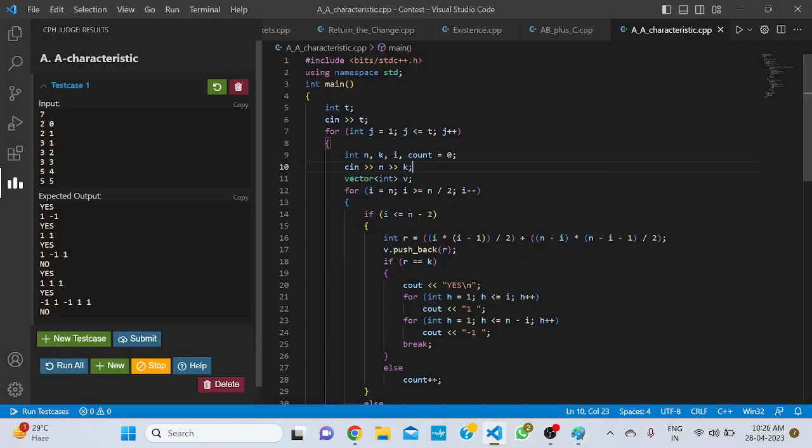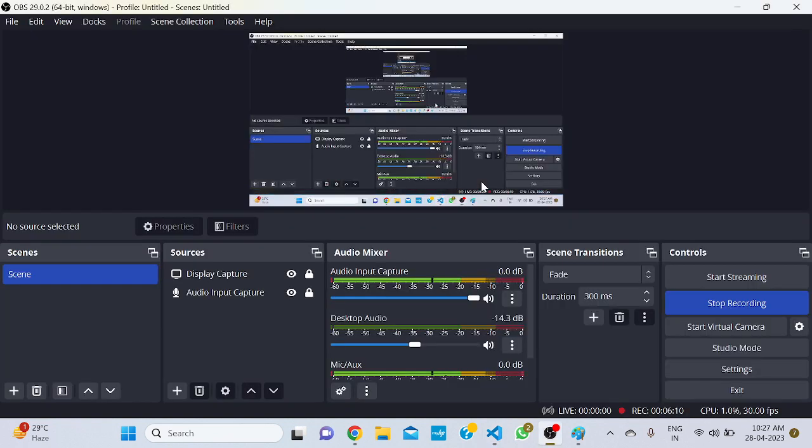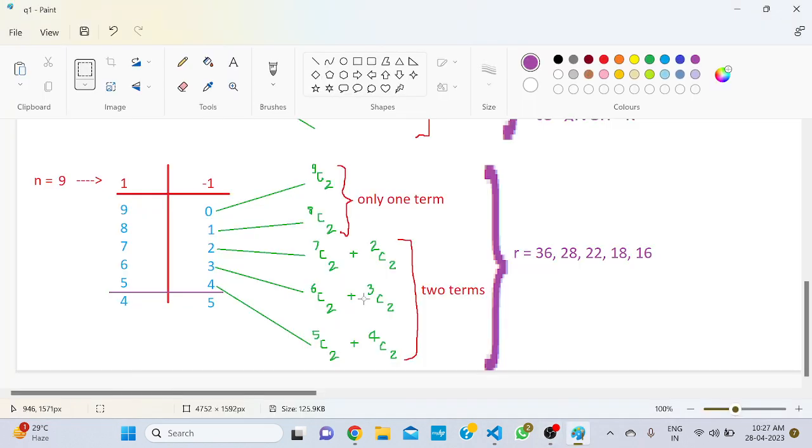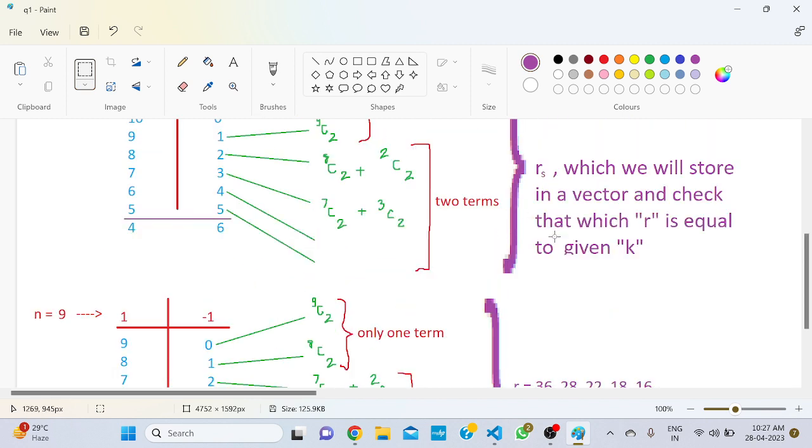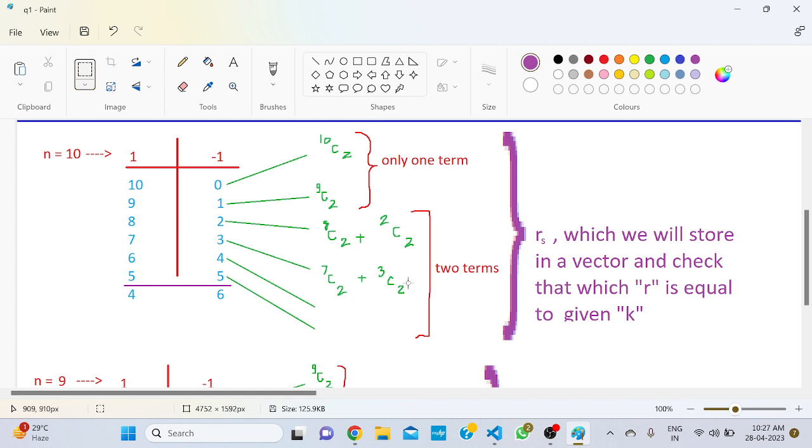So it is simple. First we will take input, the number of test cases, then we will take input n and k, so cin n and cin k. Now we will make a vector in which we will store all these values, that is 10C2, 9C2, 8C2 plus 2C2.